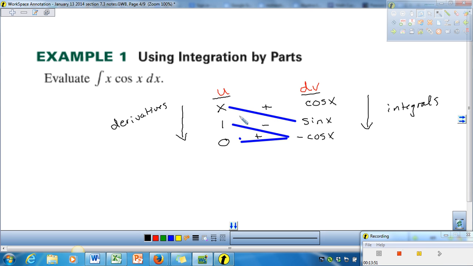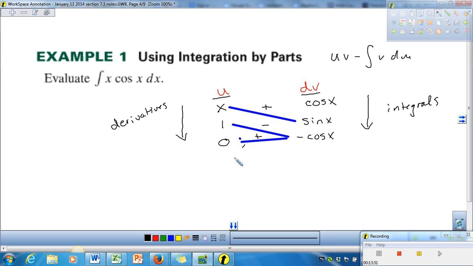Now let me tell you what's going on. Our solution for integration by parts was u v minus the integral of v du. Well, this is u, and this is v, correct? Minus the integral of v du is what we get on the next diagonal line. So it's just reorganizing the information.